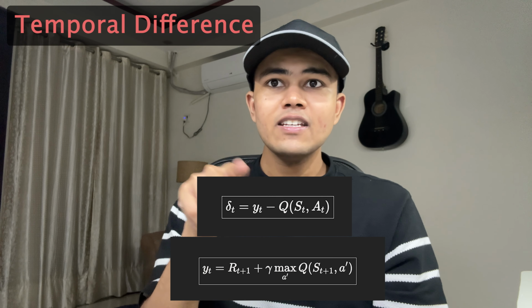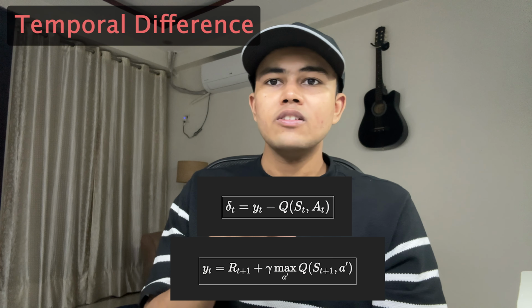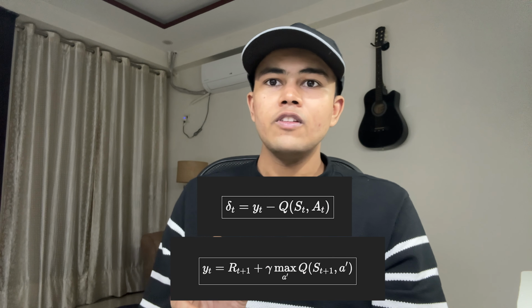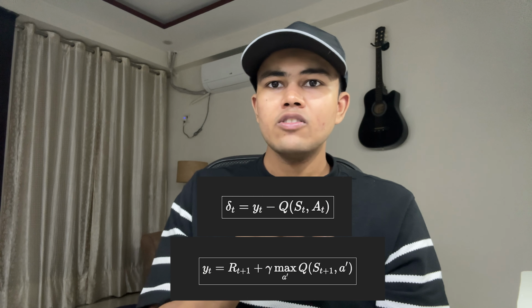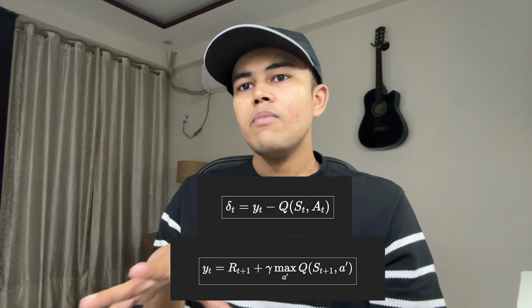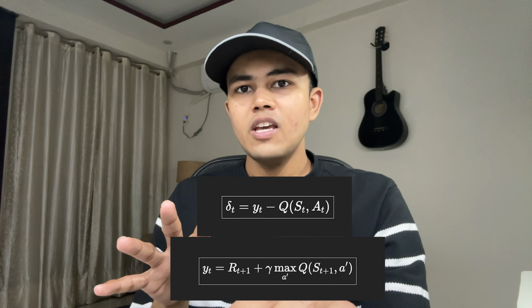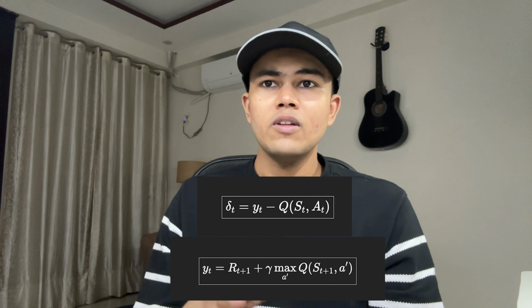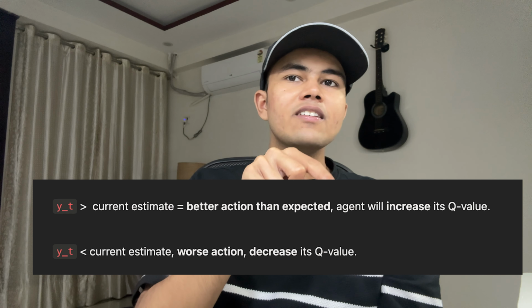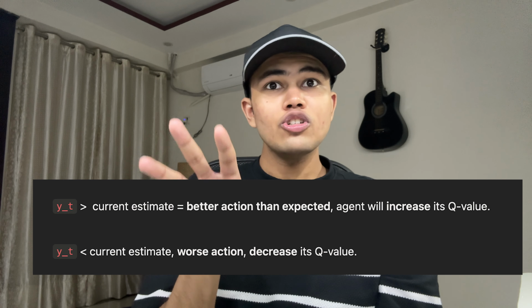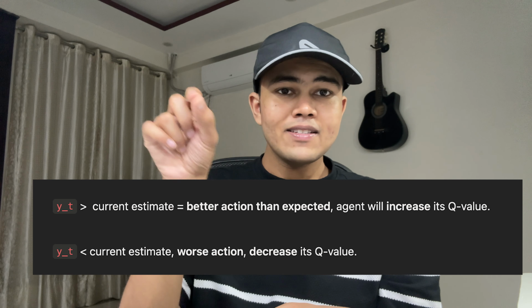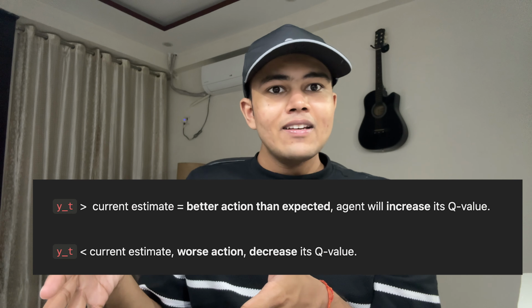What exactly is y_t here? y_t is basically R_(t+1), the reward received, plus gamma times the max over a' of Q(S_(t+1), a'), where a' ranges over all possible actions the agent could take from the next state S_(t+1). If y_t is greater than the current estimate, it means the action turned out better than expected, so the agent will increase the Q value for that state-action pair. And if y_t is lower, the outcome is worse than expected. So instead of the Monte Carlo method to compute the returns, we can just use temporal difference.